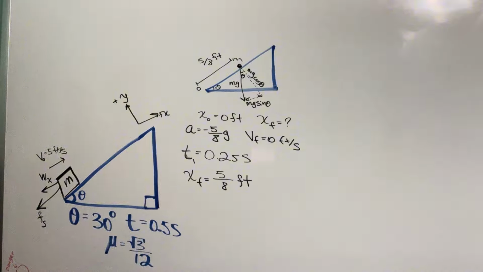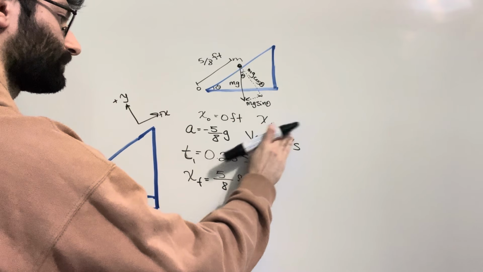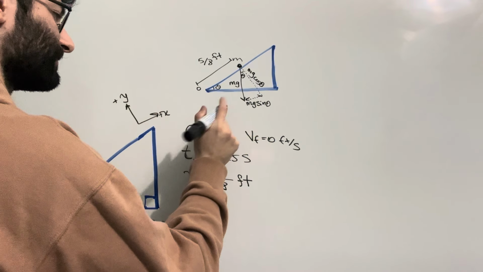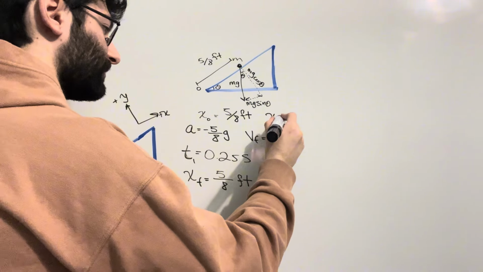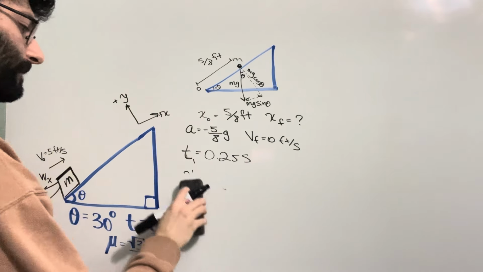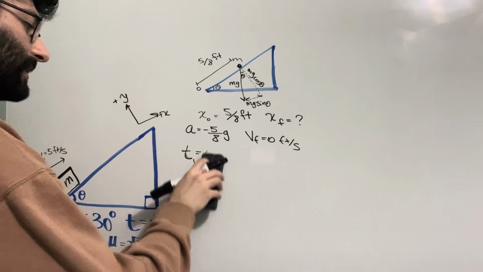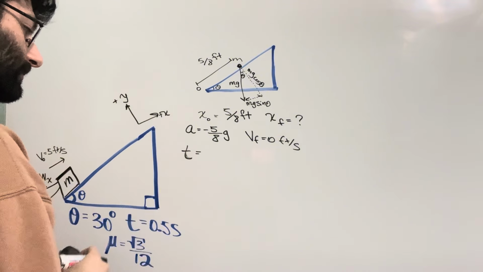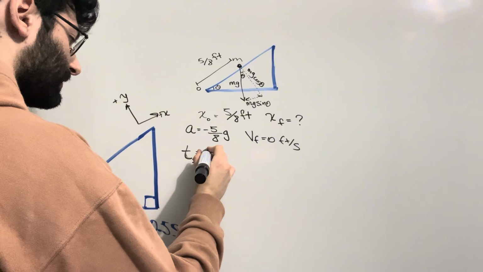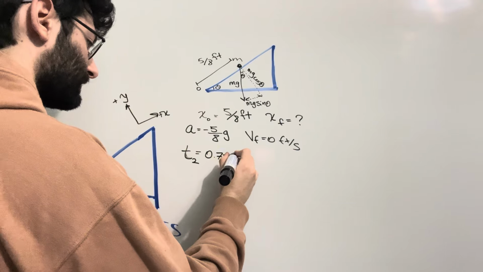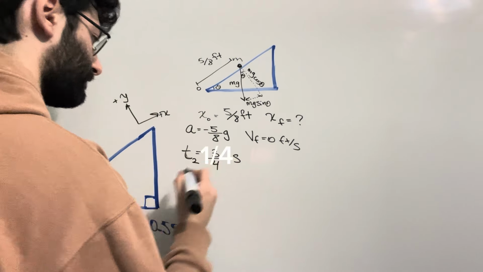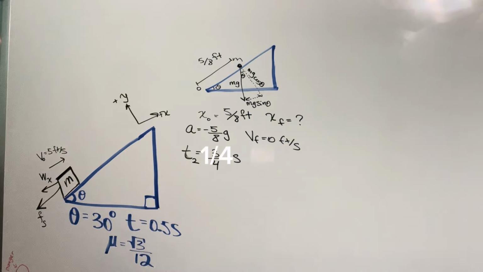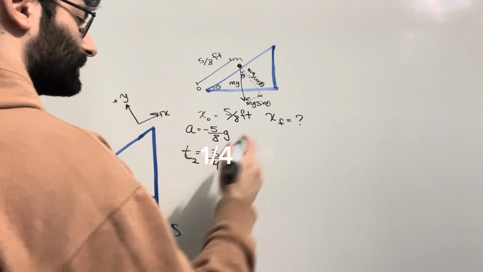In this second half, our initial position is positive 5/8 of a foot, our x final we're solving for, the total time elapsed is t2, which is 0.75 seconds, or 3/4 of a second, and our initial velocity is 0.